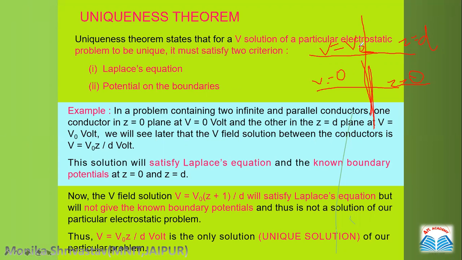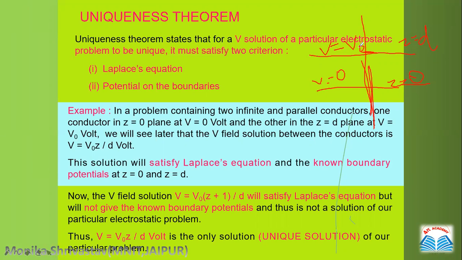How we can get the field solution, we'll see later, but let me tell you, we will get two field solutions because there are two different potentials and both conductors are situated at two different distances on the z-axis.